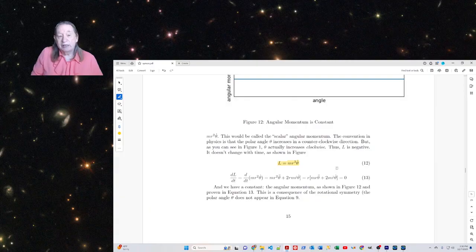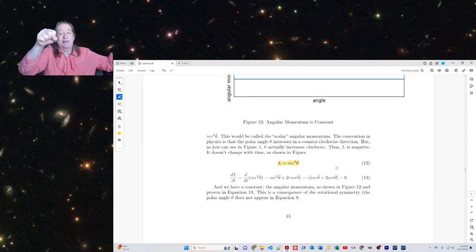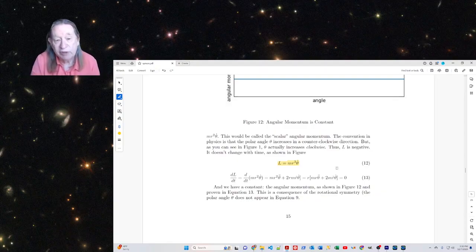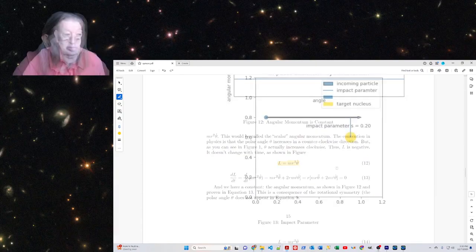Now, theta is the angle from the nucleus to the alpha particle. The nucleus is like here, and the alpha particle's coming in this way. And so the angle is actually decreasing with time, so the signed magnitude of the angular momentum is negative.